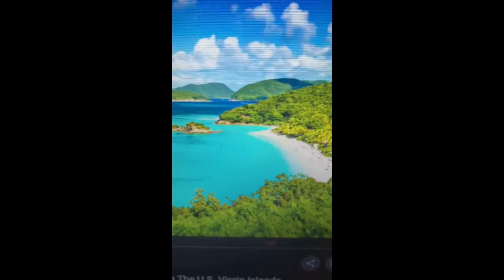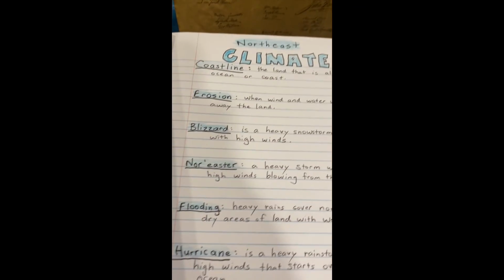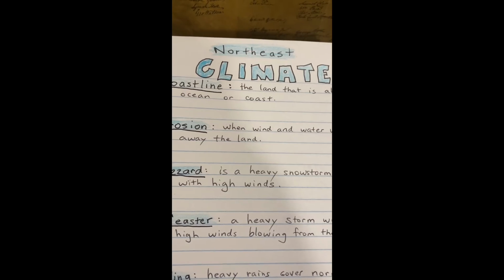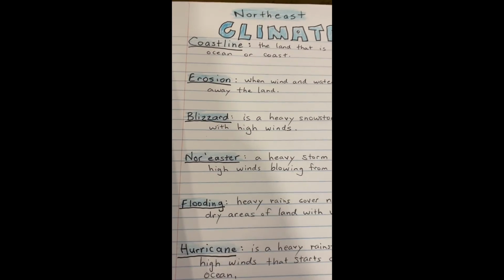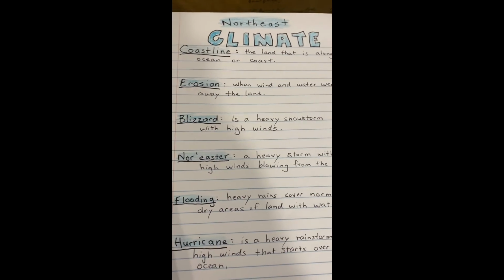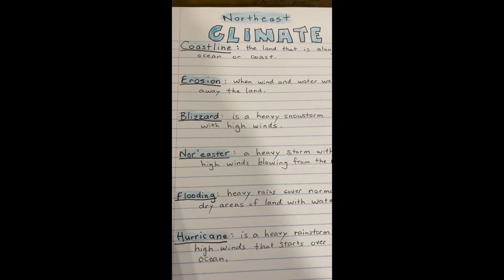Well, as we go on and talk about the climate of the Northeast, we know that Mr. Van Horn had us do some notes in our notebook that went along with the climate of the Northeast. And we found out that the normal weather, because that's what climate is like, the average normal weather, was kind of like what we experience here in Minnesota.